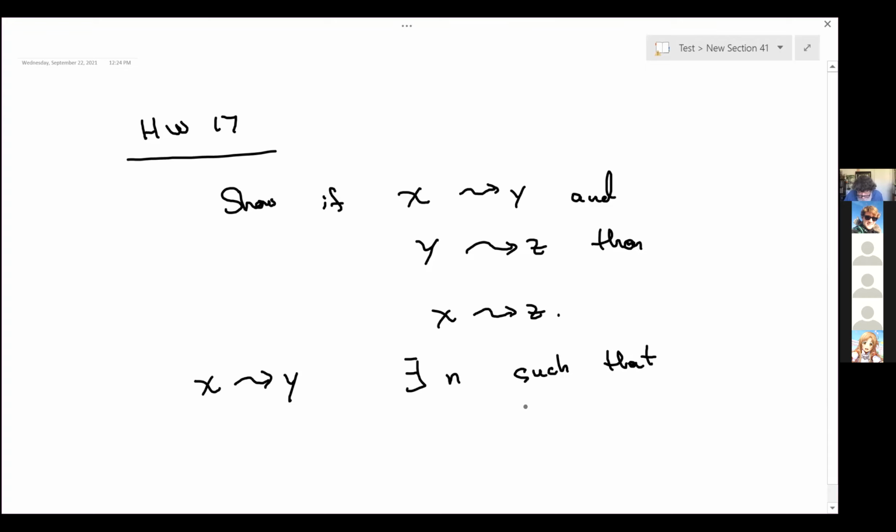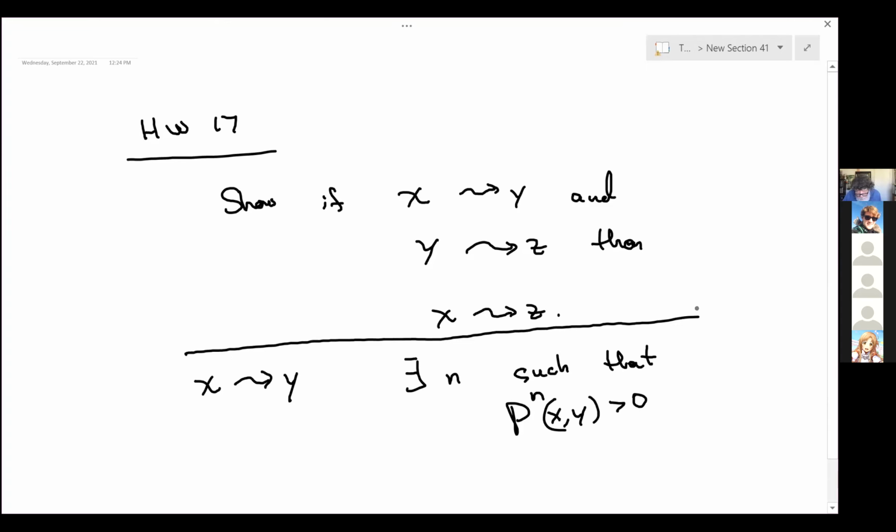Such that P^N of X to Y is positive. Does that look familiar? Yeah, you've used that in the past before. If I use that, I think I would go with that.